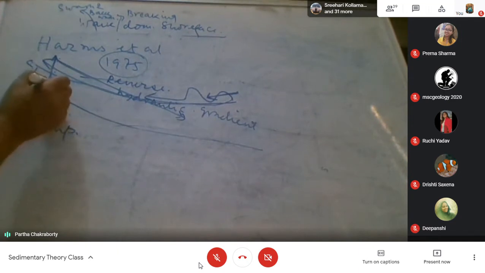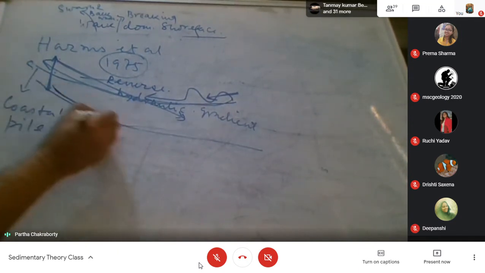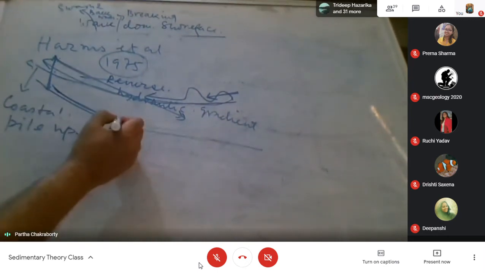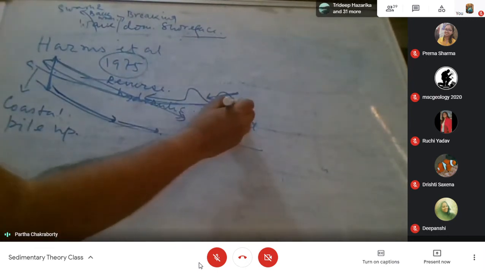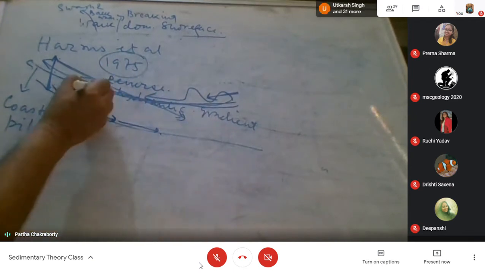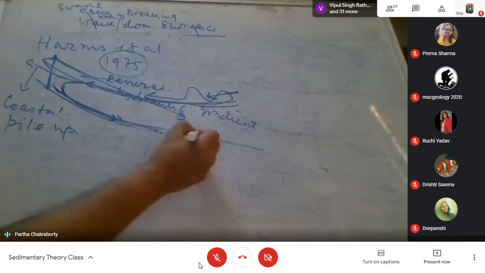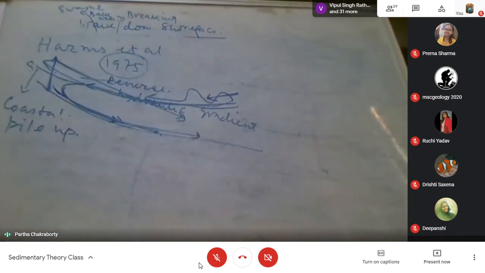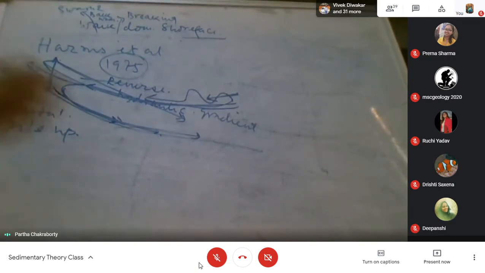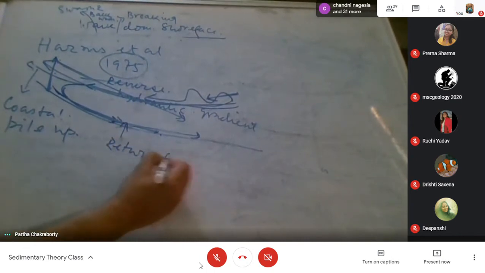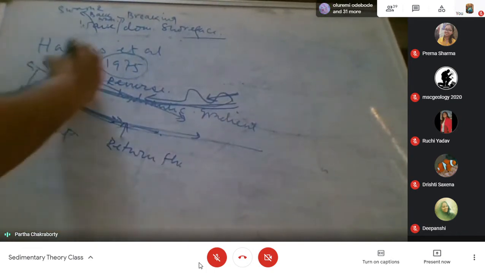And that's why there will be a return flow along the base. So the surface water is moving towards land, and at the base, the water is moving back. This kind of cycle is created during the storm. Okay? And this is what you call the return flow. And how is the shoreline? Shoreline is like this.